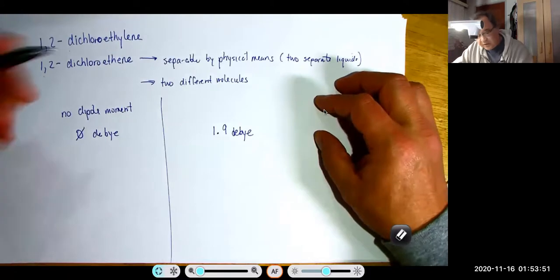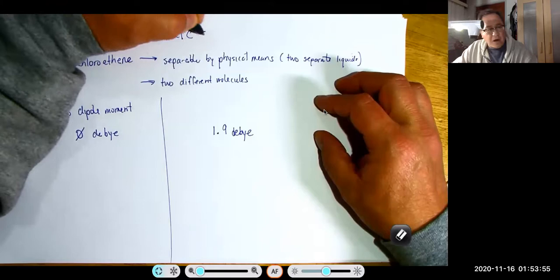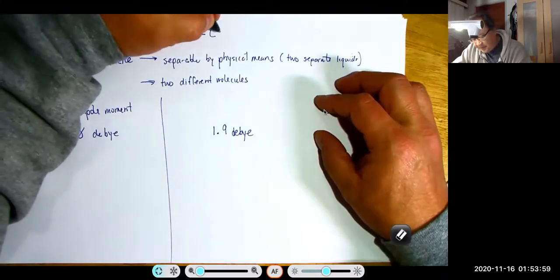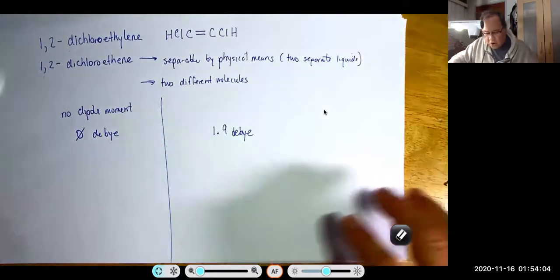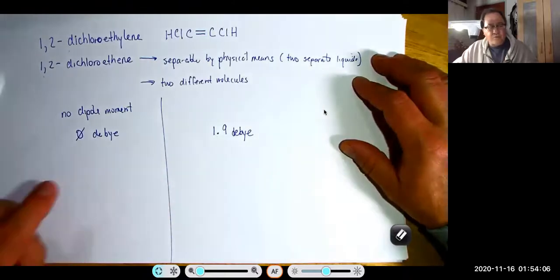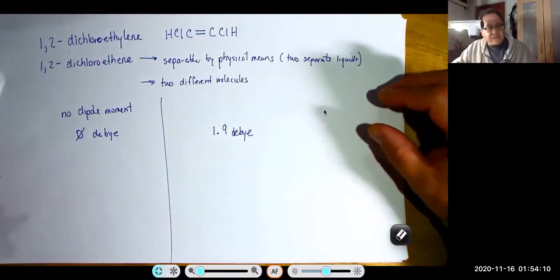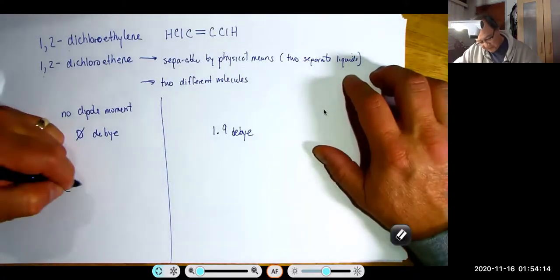Now the formula for this molecule is C2H2Cl2, and it has a double bond. That's what the ene means, a double bond. So here's the formula. How could we draw this molecule two different ways where presumably one of them does not have a dipole and the other does? And here we go.